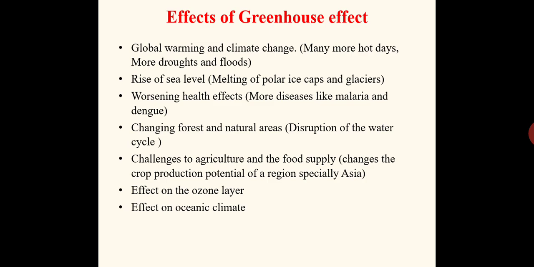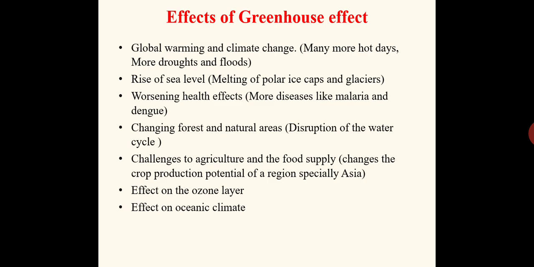It is a gradual increase in the atmospheric temperature over a large span of decades. It is not just that today it is 42 degrees Celsius and the next day it is 43. We cannot count that as global warming. If you analyze the statistics over very long periods, 10 years, 20 years, and there is a gradual increase in temperature, then it is known as global warming.